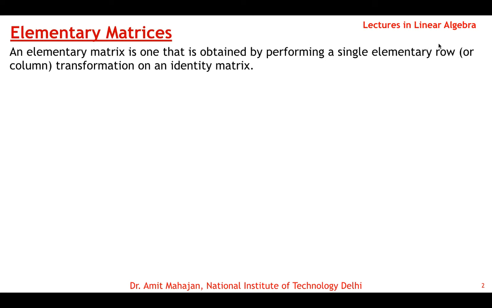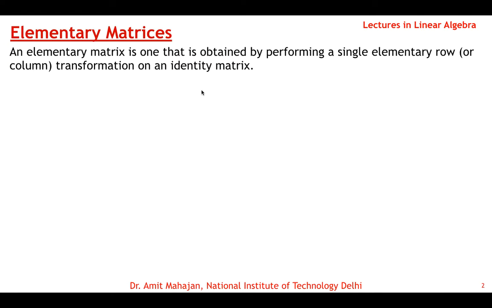Similarly, these three operations can also be done on columns. So if we take the identity matrix and apply any one single transformation on it, an equivalent matrix will be obtained, and that equivalent matrix is called the elementary matrix. So an elementary matrix is obtained from the identity matrix by performing a single elementary row operation or a single elementary column operation.